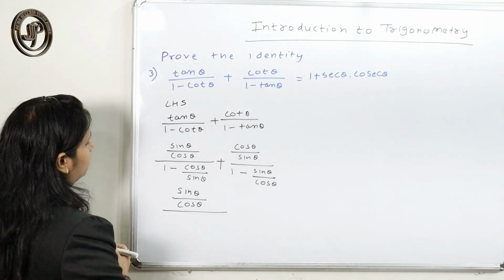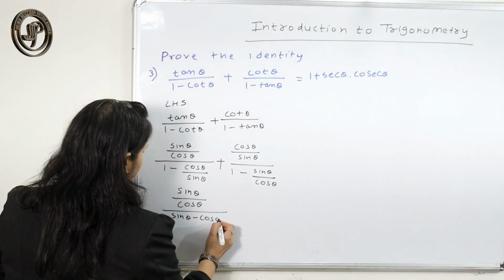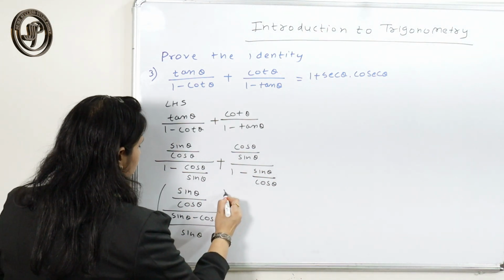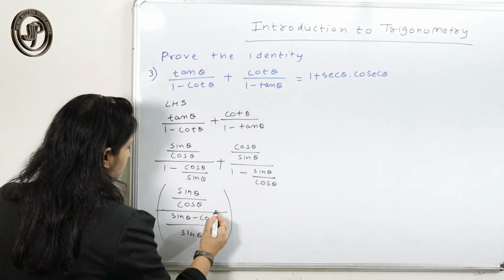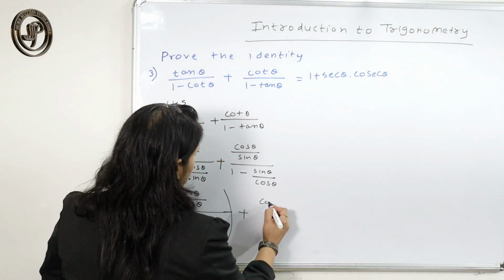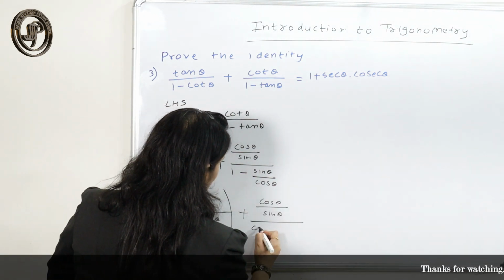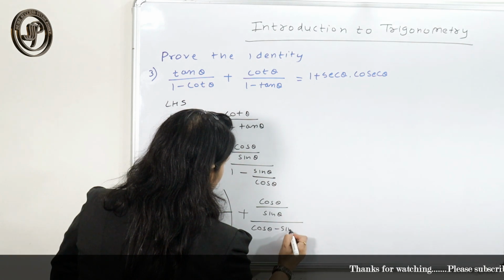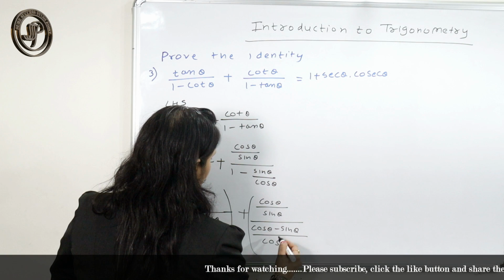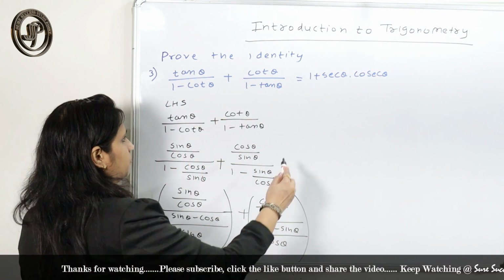Now if I just simplify this, I will get this thing only, right? This is under division, okay. So plus here cos theta by sin theta, here you can write cos theta minus sin theta by cos theta. Now how can you simplify this?